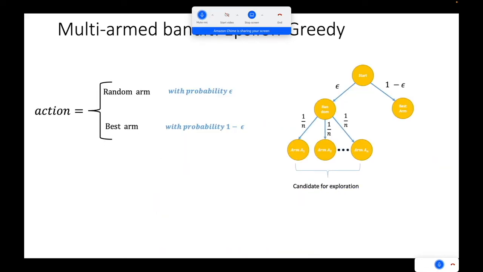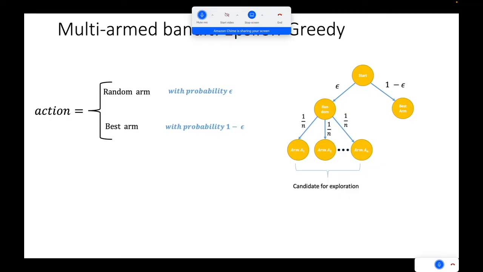I will look at some popular algorithms for multi-arm bandits. The simplest one is called Epsilon Greedy, and what it does is at every time step, it makes one of two decisions.